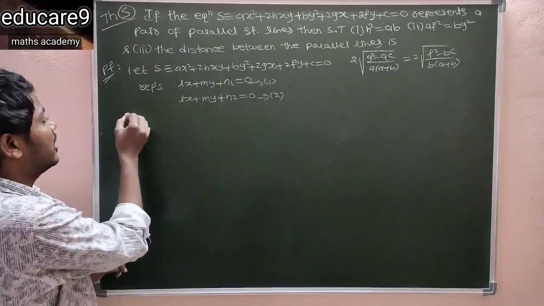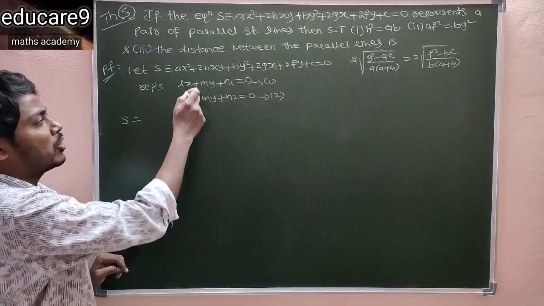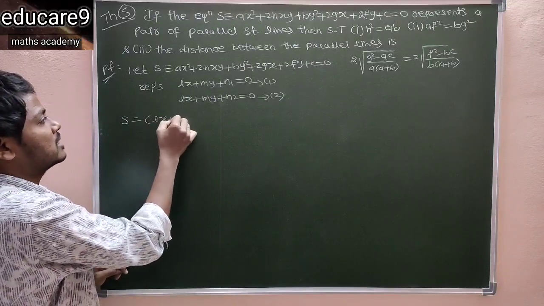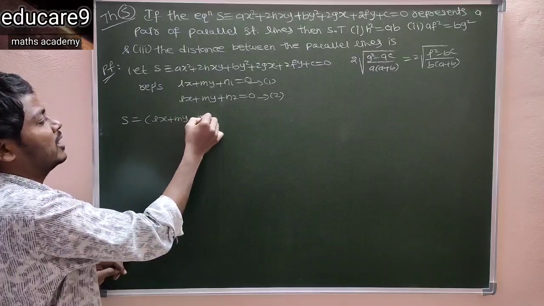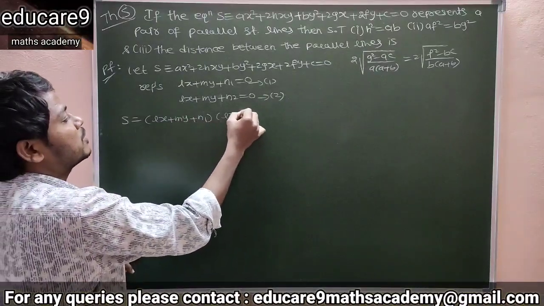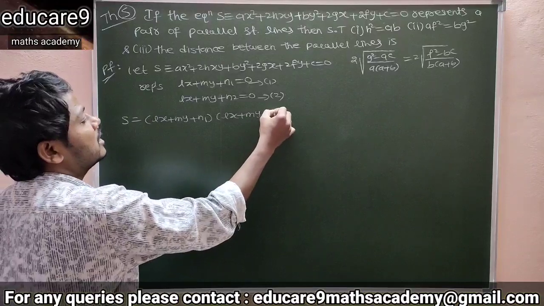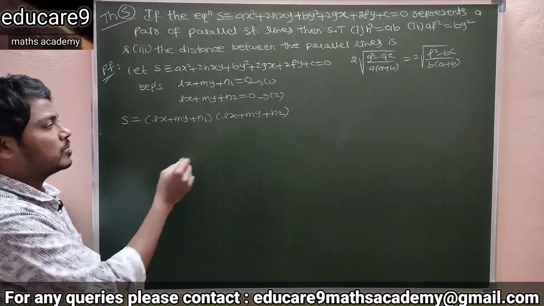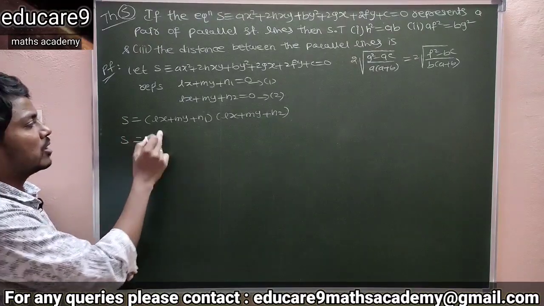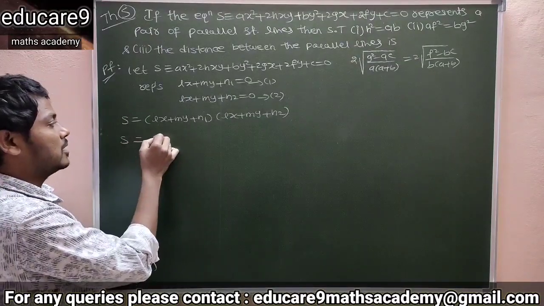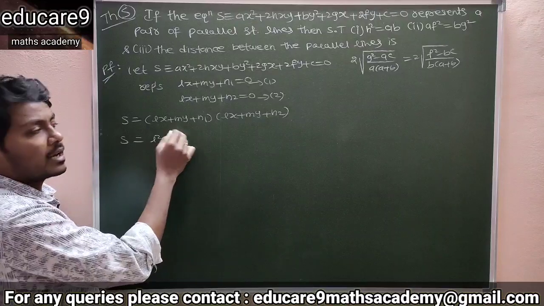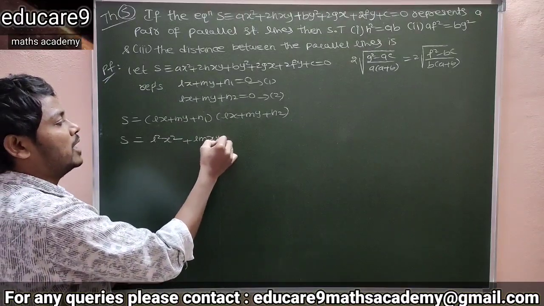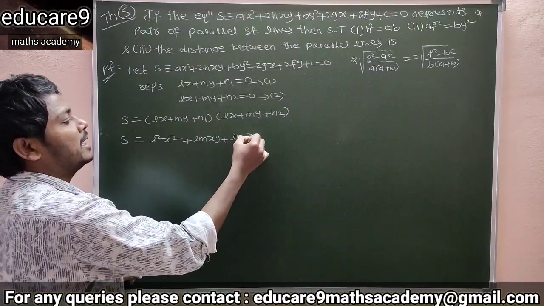Therefore S can be written as the product of these two lines, that is (lx + my + n1)(lx + my + n2). Now multiplying these two: lx into lx is l²x², next lx into my is lmxy, plus l n2 x.